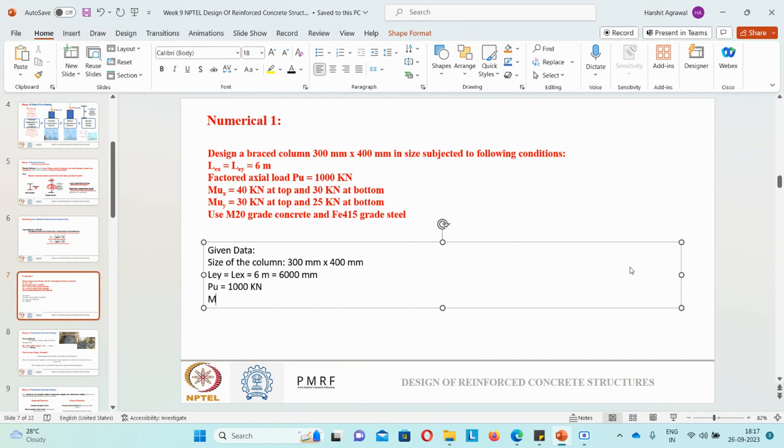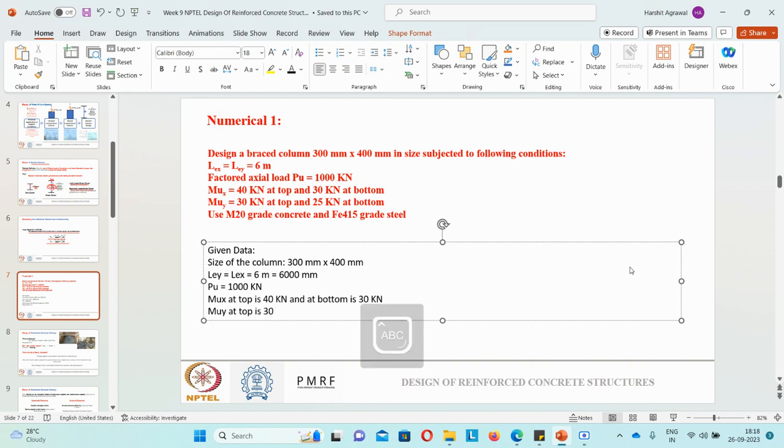and Mux at top is 40 kilonewton-meter, and at bottom is 30 kilonewton-meter. Muy at top is 30 kilonewton-meter, and at bottom is 25 kilonewton-meter.